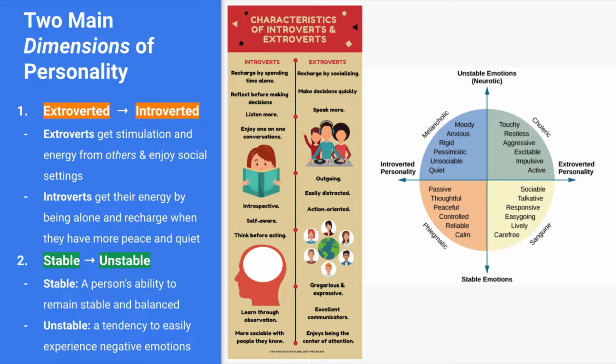Extroverts get stimulation and energy from others, while introverts get their energy by being alone and recharge when they have more peace and quiet. Stable people have more ability to remain stable and balanced in situations, while unstable is a tendency to easily experience negative emotions. Psychologists use these four to create a compass where they can evaluate people's personalities.